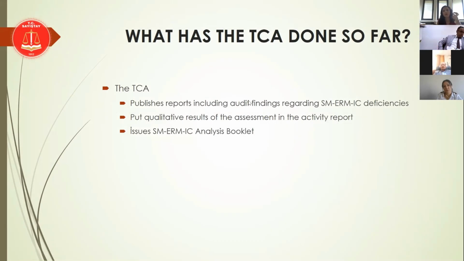The TCA published reports including audit findings regarding 3 system deficiencies in the regularity audit report, and we put qualitative results of the assessment in the activity report every year, and TCA issues 3 systems analysis booklet.